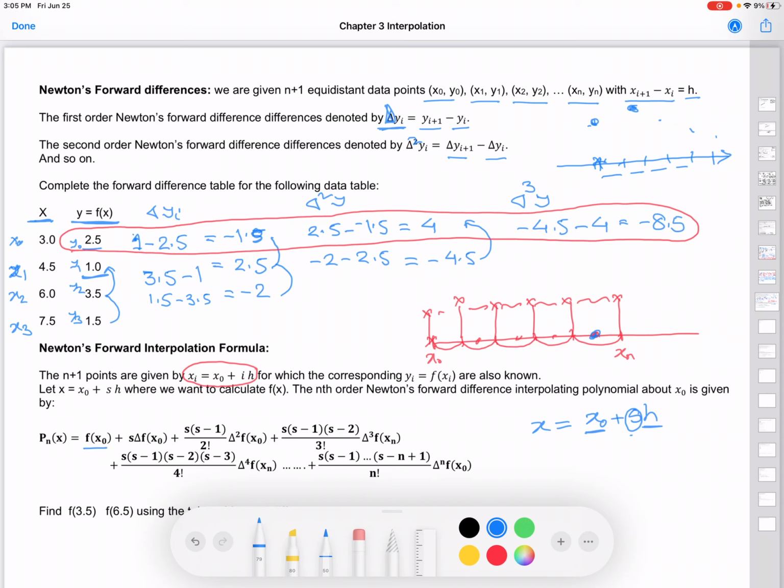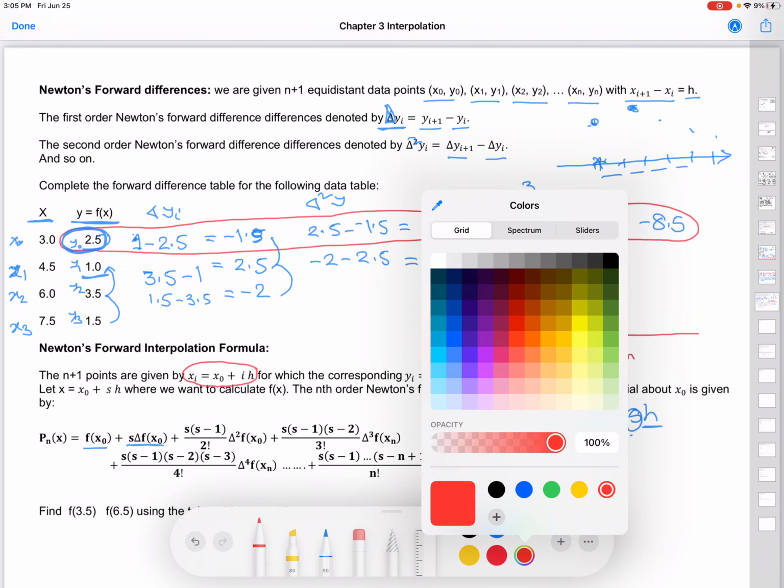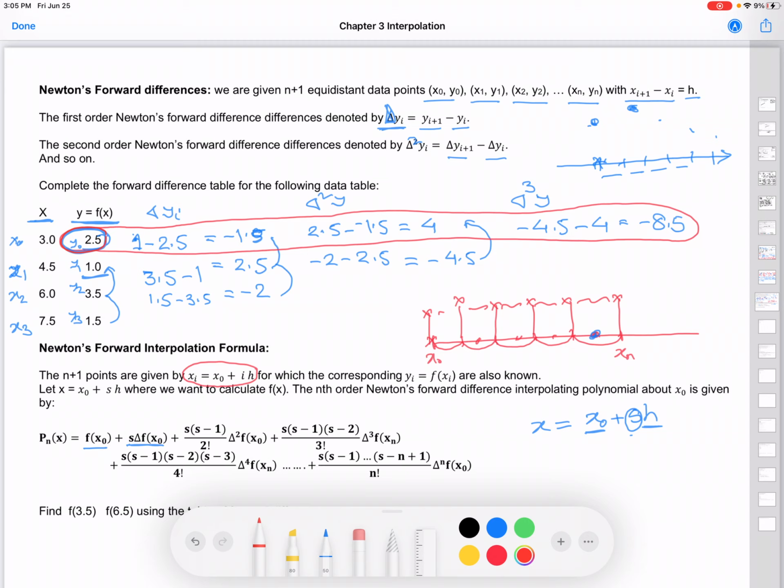This is saying f of x0 plus s times delta, that means first order difference, plus s times s minus 1 divided by 2 factorial, delta 2, that means second order difference, plus s times s minus 1 times s minus 2 divided by 3 factorial, then the third order difference, and so on.